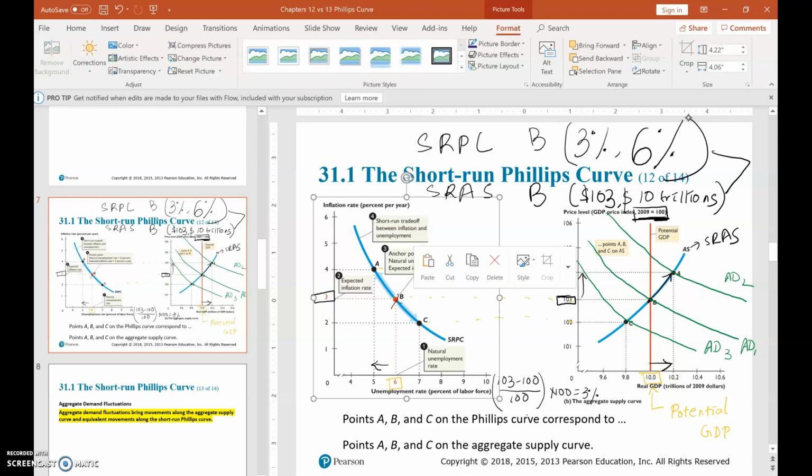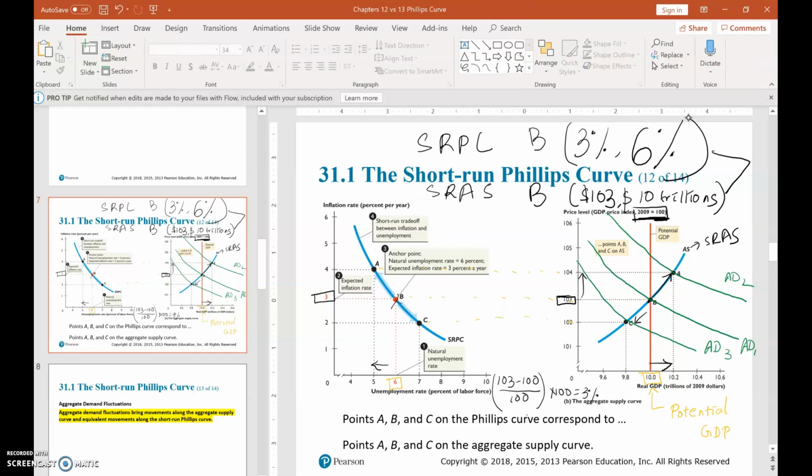Now, if we shift the aggregate demand to the left, the prices will go down, the GDP will also go down. This point C is associated to the point C on the left on the short run Phillips curve.